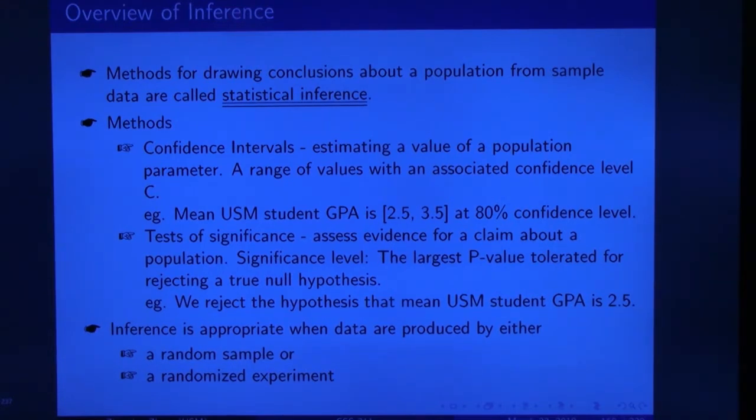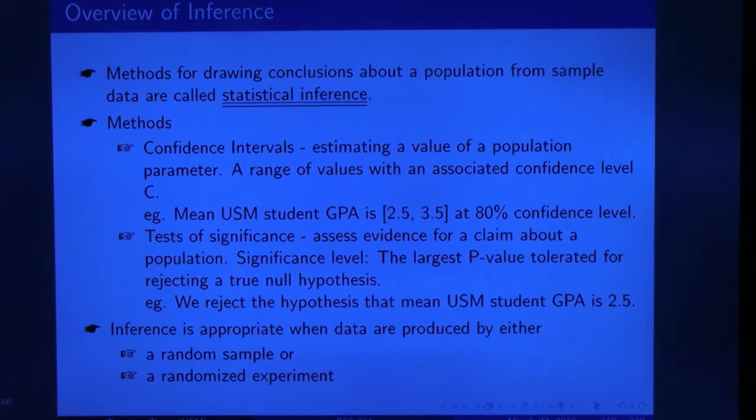The second method is called test of significance. It assesses evidence for a claim about the population. In our class, we are going to usually discuss the mean of the population. And the significance level is the largest p-value tolerated for rejecting a true null hypothesis.